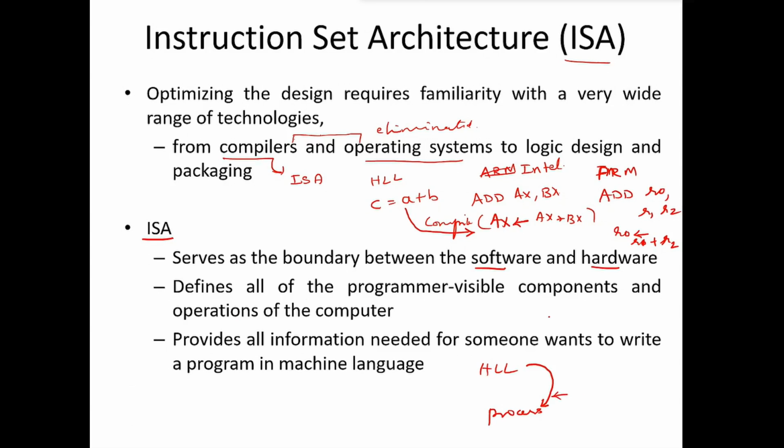I have just written add R0, R1, R2. But actually, when you convert it, it will be 1100, 1100, 1111, so 32-bit size. You got it? So the instruction set is going to act as a boundary between the software and the hardware.